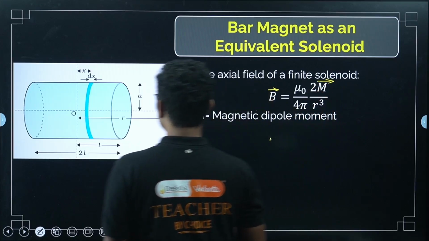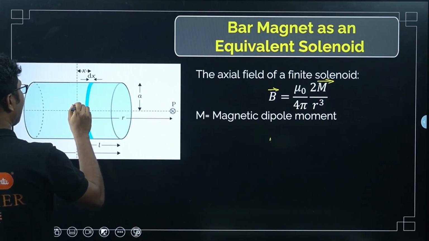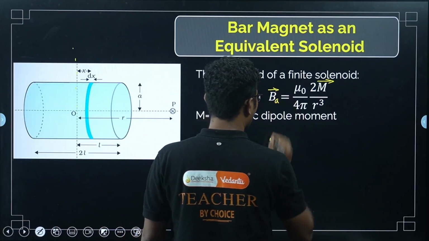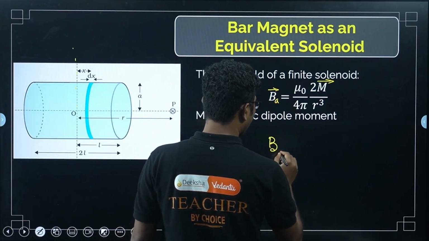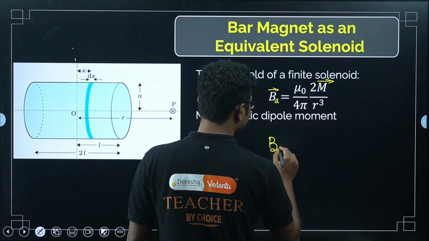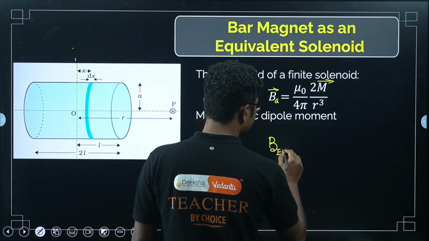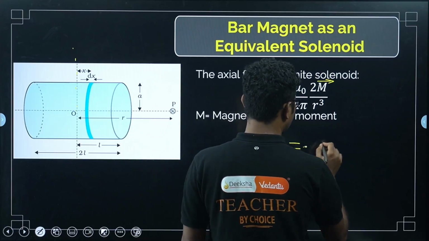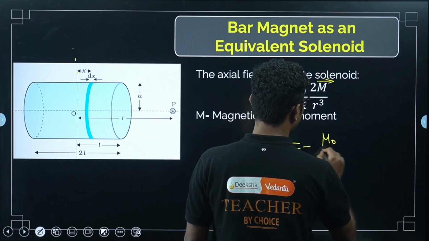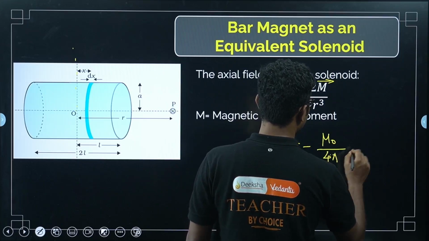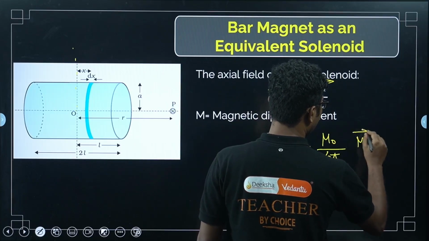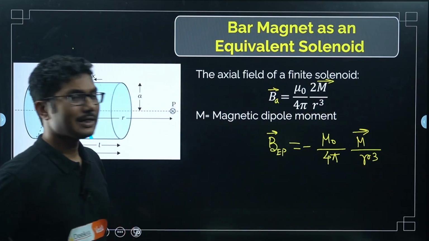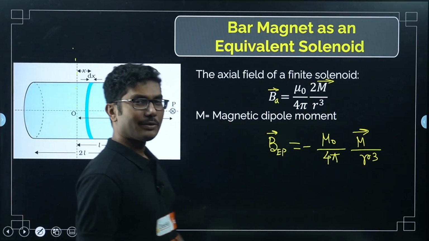There is also the perpendicular bisector, or equatorial plane, let's say equatorial plane to keep it the same as electric field. The magnetic field there is given by mu naught by 4 pi times m vector divided by r cubed. If you remember, this is similar to that of the electric field.